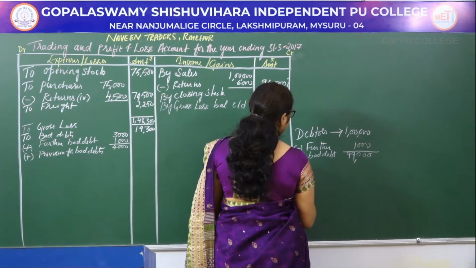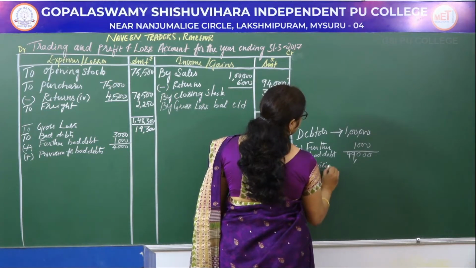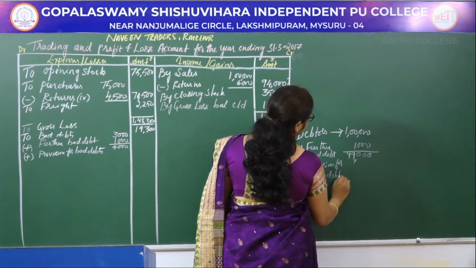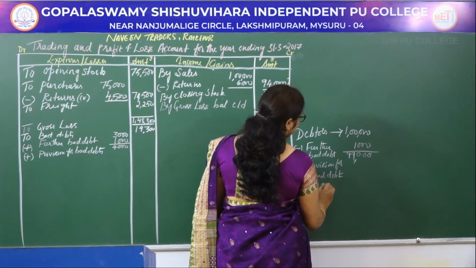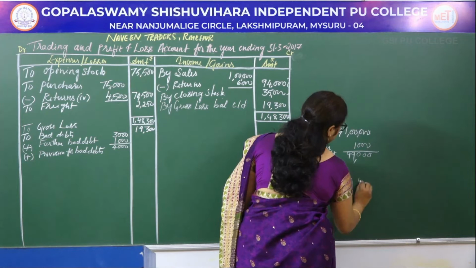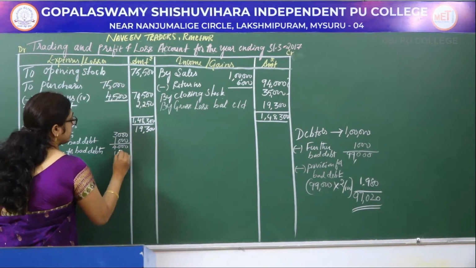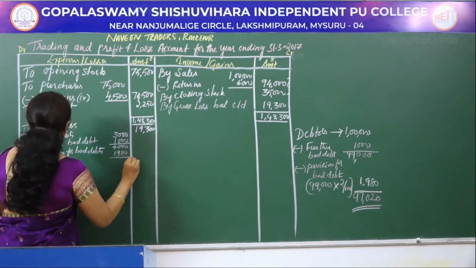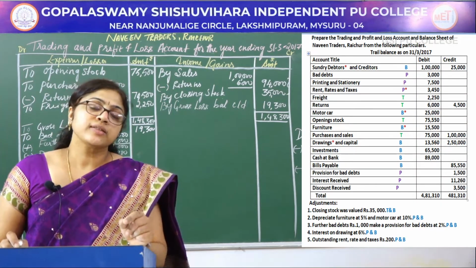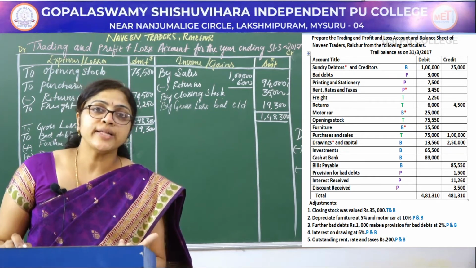On 99,000, calculate provision for bad debt, that is 99,000 into 2 divided by 100, that is 1,980 rupees. So 1,980 rupees after adding 5,980. First check that is there any provision for bad debts is provided in the previous year.